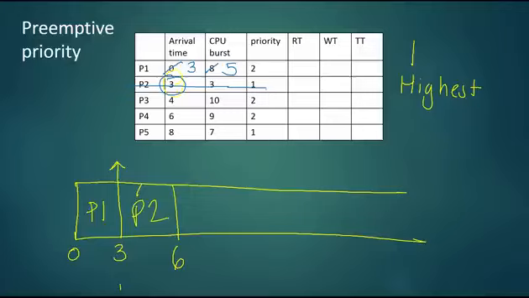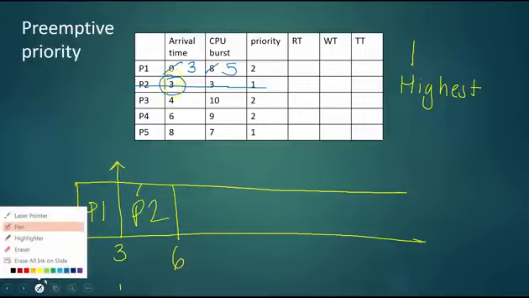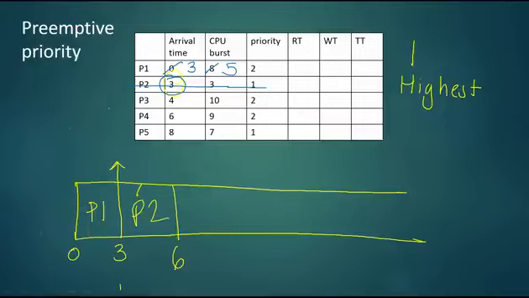So we're going to just have to do first come, first serve based on the processes that are in the ready queue. And so P1 is going to go because P1 went into the ready queue at time 3. P3 went into the ready queue at time 4, and P4 went into the ready queue at time 6. So P1 is going to go first.